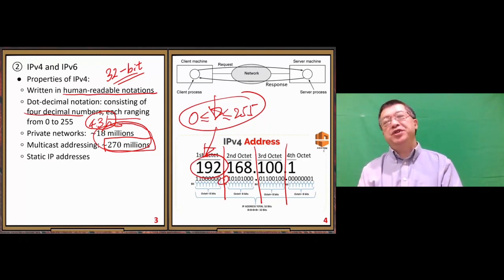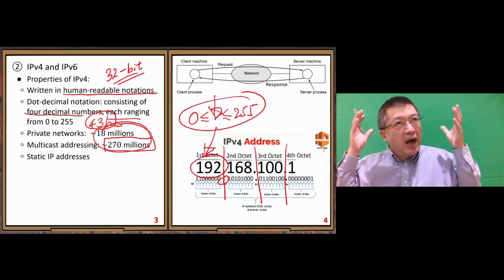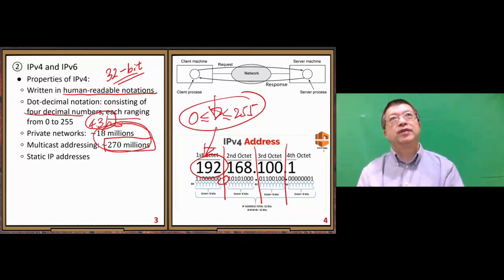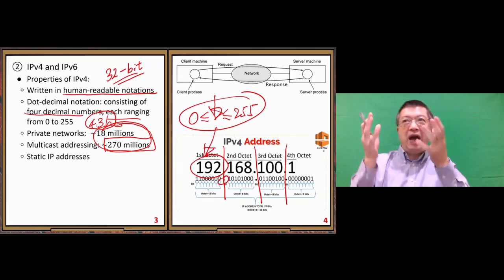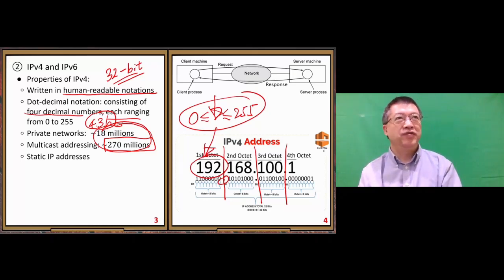Static IP addresses. From the name, it does not change. As soon as you get that IP address, it is fixed. So that's a precious resource, because after you have it, it is fixed. Very important resource.